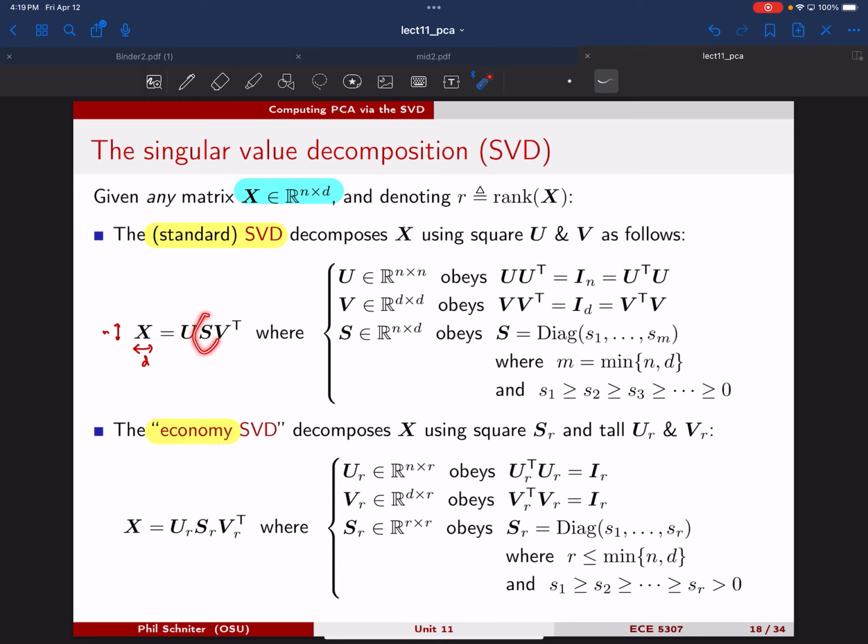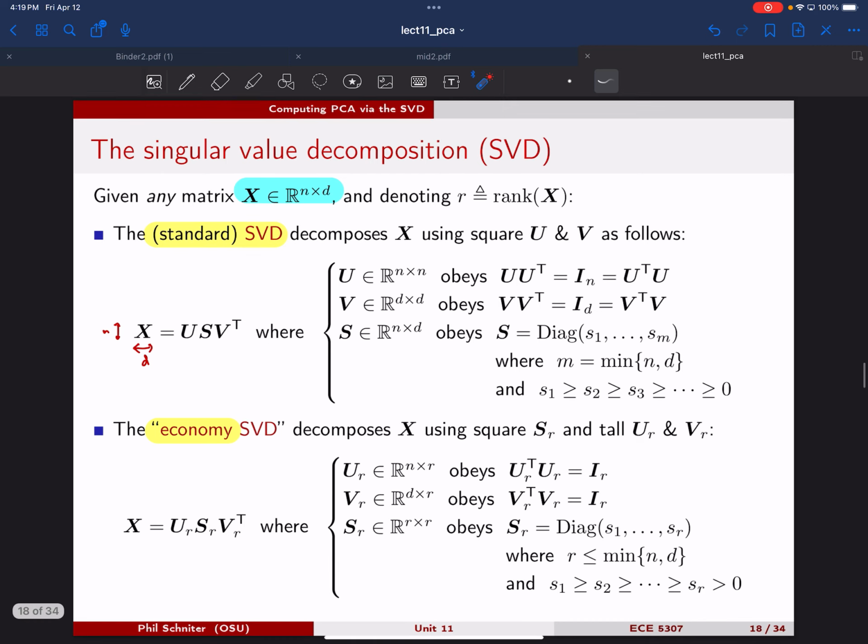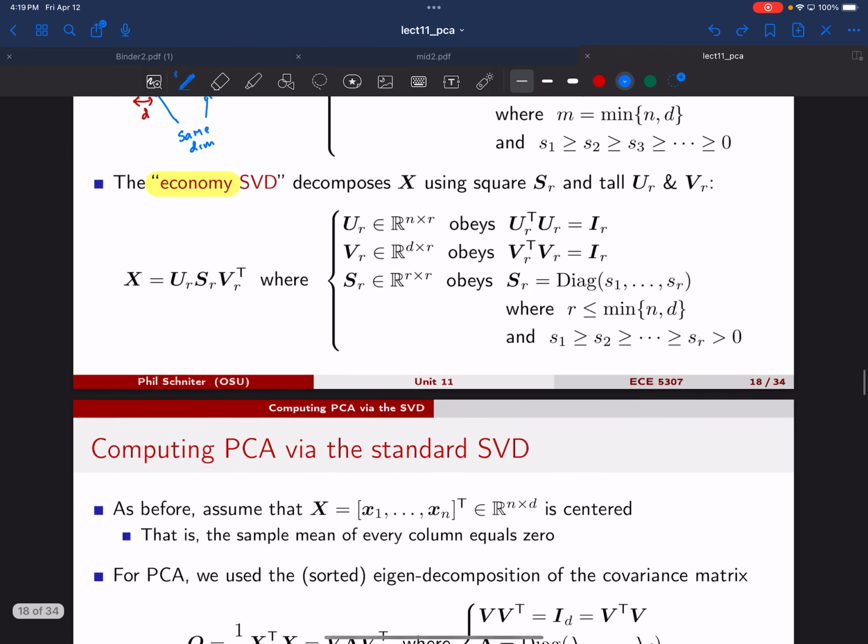And then what's in the center, S, is, we said, a diagonal matrix. Now, this is not necessarily going to be square. What we find for this SVD is that X and S have the same size, the same shape.